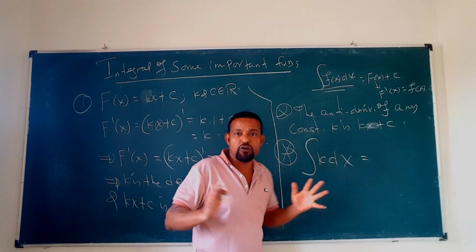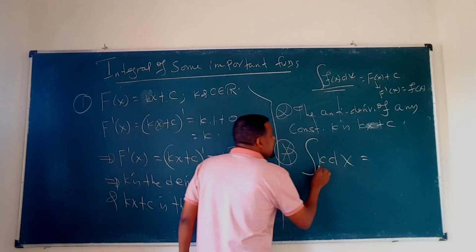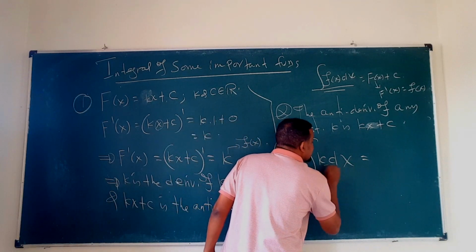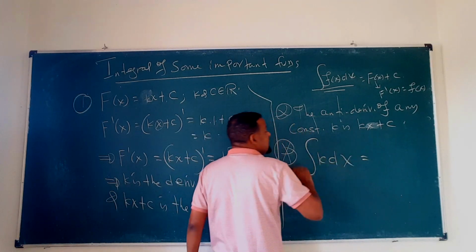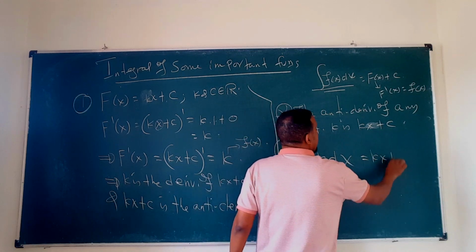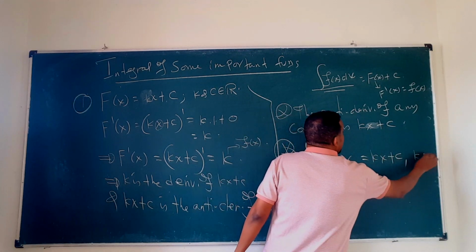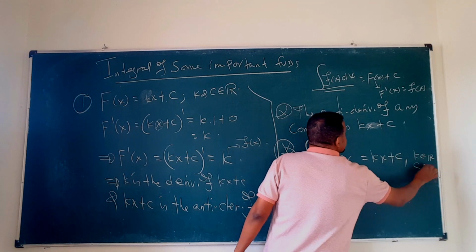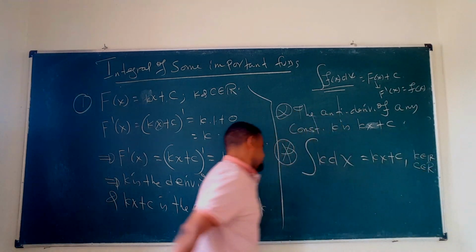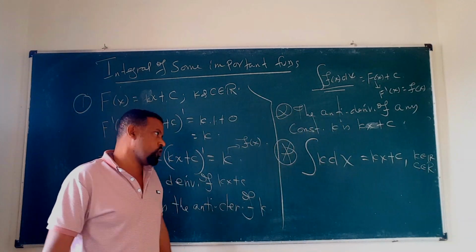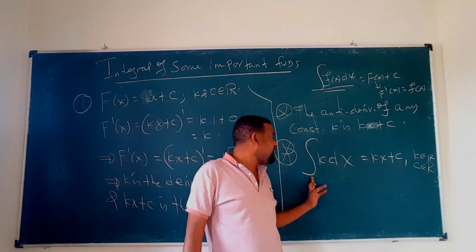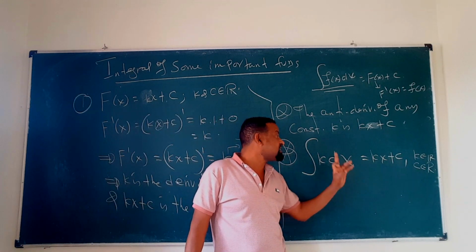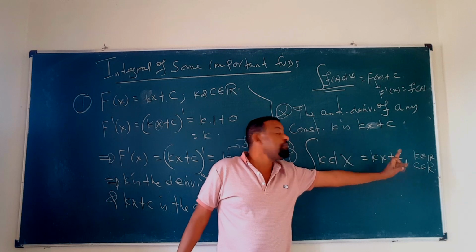The indefinite integral of k dx is kx plus c, where k is an element of the real numbers and c is an arbitrary constant. So the indefinite integral of any constant function k is given by kx plus c.